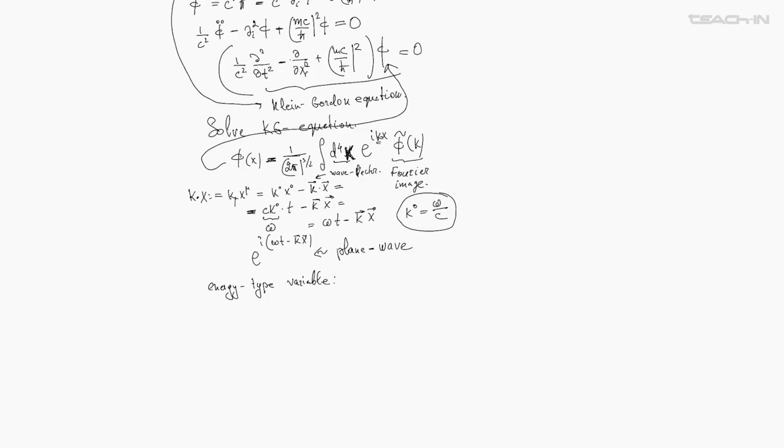This is done with the help of the Einstein formula, where energy is h bar omega. The famous formula Einstein discovered by studying the photoelectric effect. The second formula, due to de Broglie, is that the momentum of a particle is related to the wave vector of the corresponding wave process, represented by this particle, if you wish, by the formula p is h bar multiplied by k. So, the Einstein and de Broglie formulas.